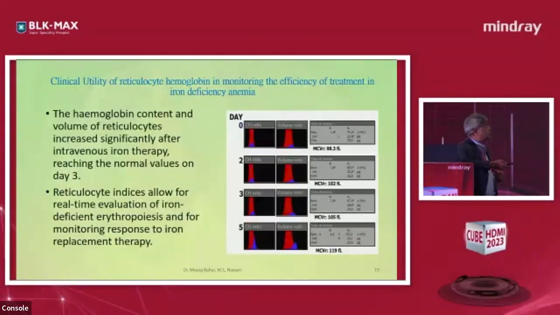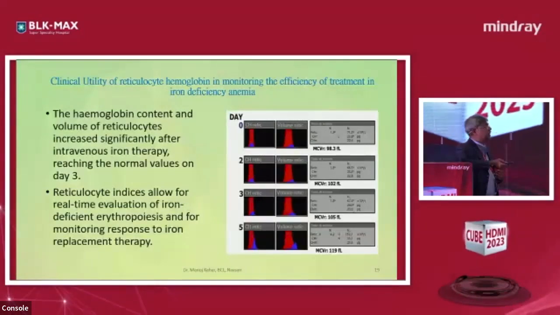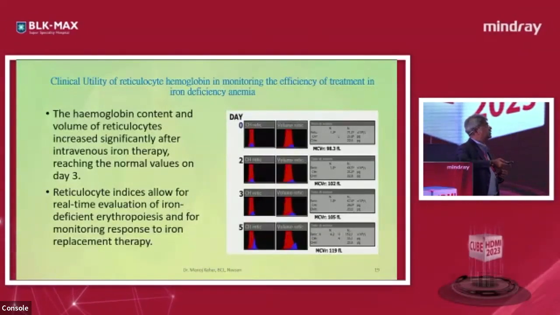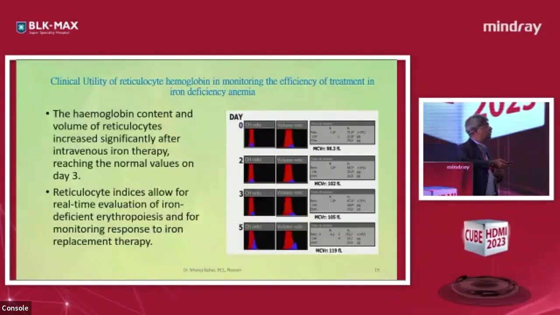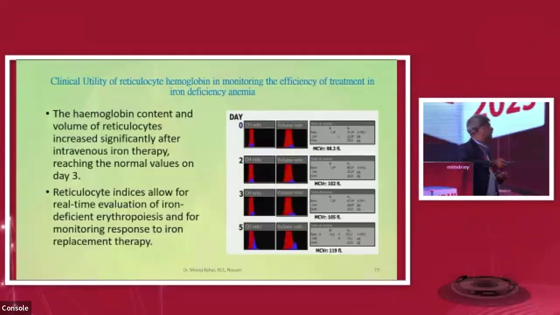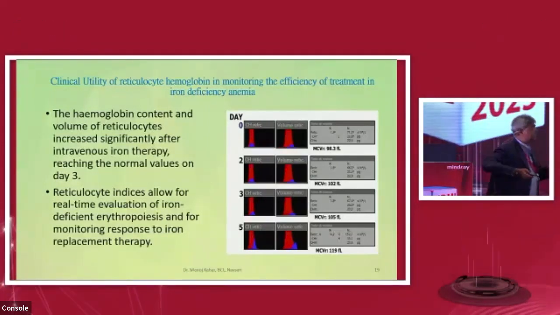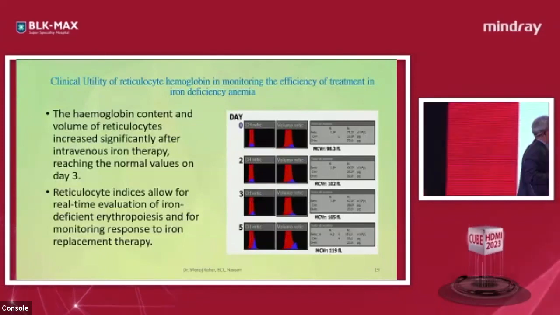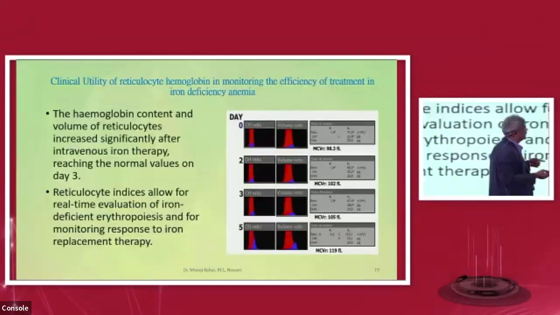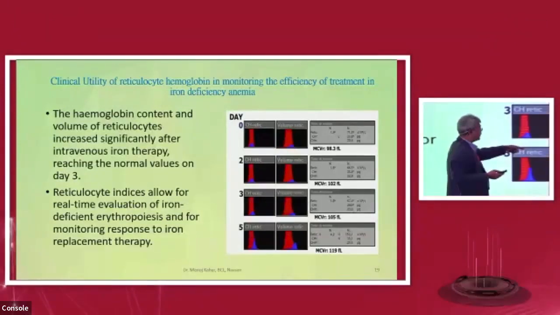Then reticulocyte hemoglobin is also useful in monitoring the efficiency of treatment in iron deficiency anemia. And as we know, the hemoglobin content and volume of reticulocytes increase significantly after intravenous iron therapy, reaching the normal values on day 3. If you see one of these cases, the CHR on day 0 is 23.3, then 25.3, then 28, 31.1.